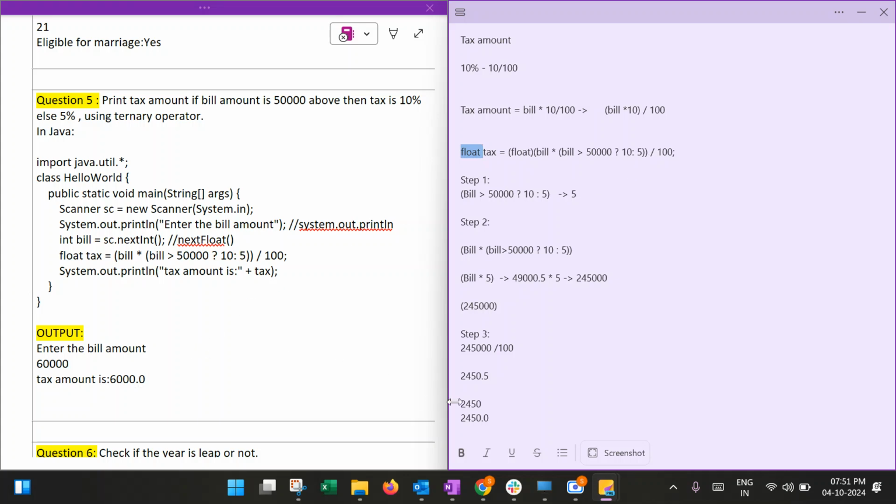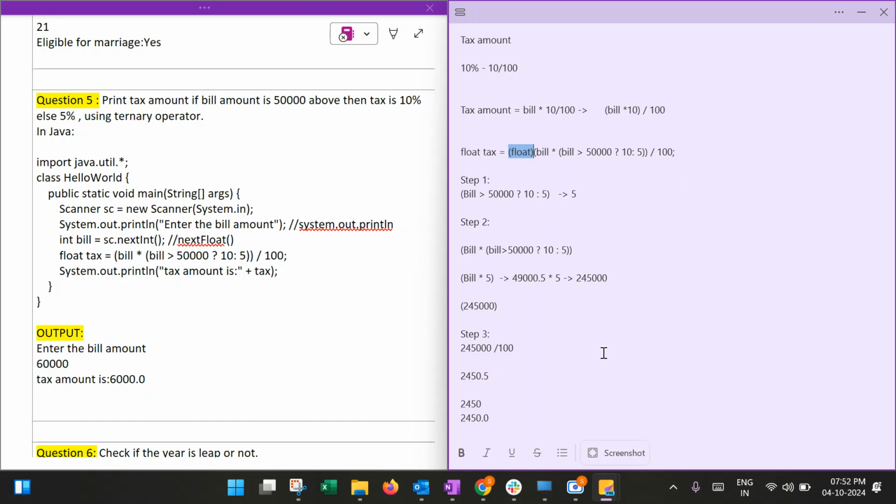It will print like this only, 2450.0, even though the actual value is 2450.5.